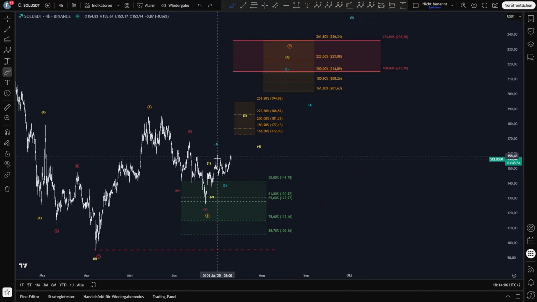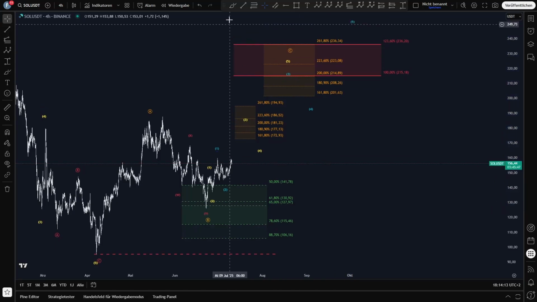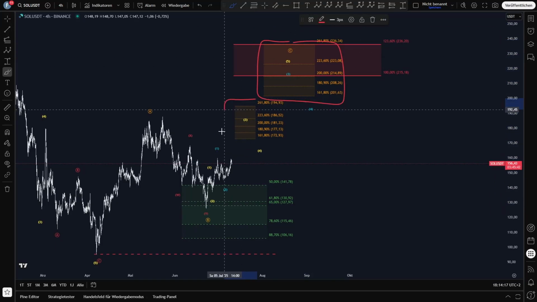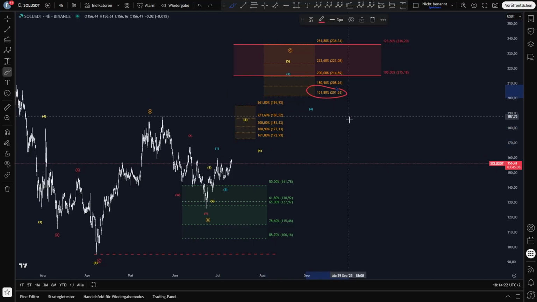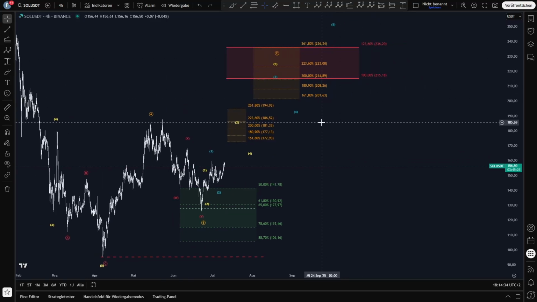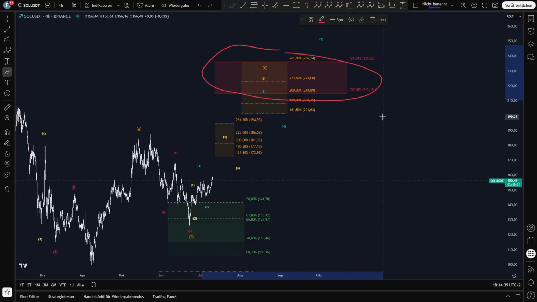Then we have seen a wave 2, and right now we also would be in the wave 3, but the target area of this wave 3 would be above this target area, starting here also with the 161% level at $201, extending to the 261% level at $236. In that more bullish case, we would go above this target area.